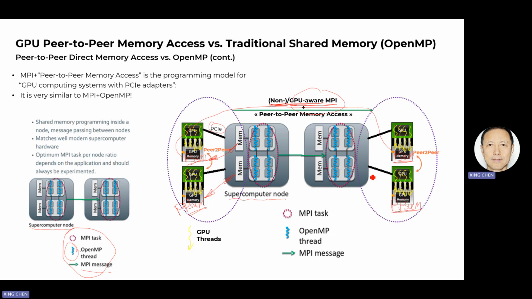Suppose you are going to send a PSUM. The non-GPU-aware MPI is going to send this PPSUM. First, you need to copy this PPSUM to this memory here, and then use the non-GPU-aware MPI to copy the data to the main memory of the server.